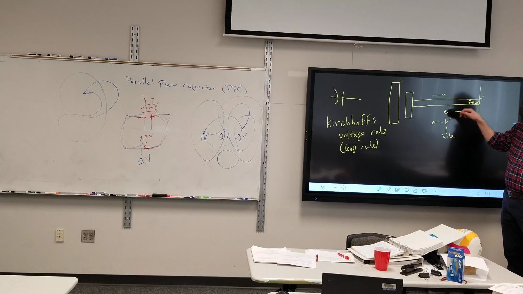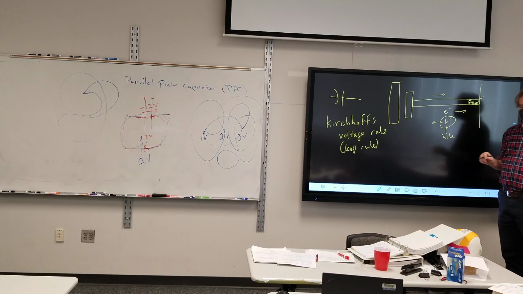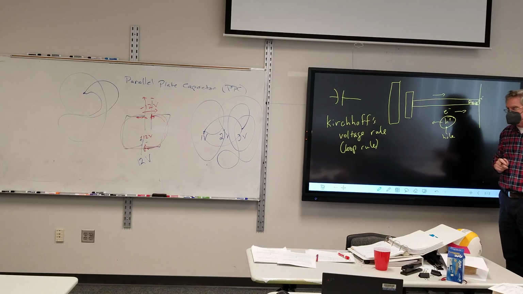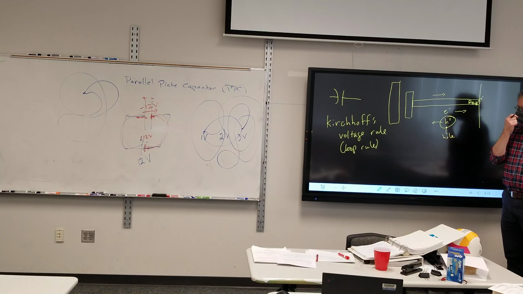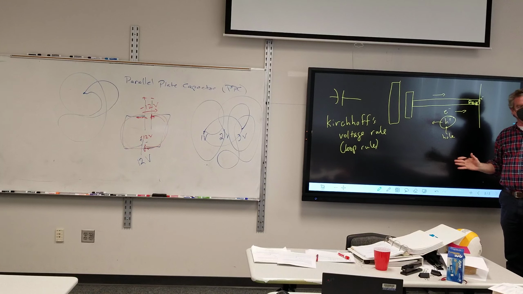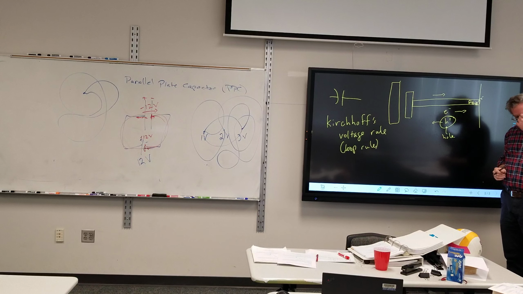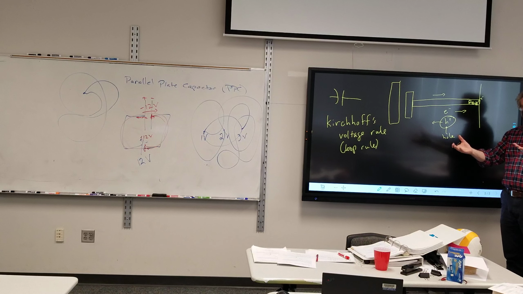Now I do have two things that are moving here in a sense. I got the electron moving, and then I've got this illusion of a positive charge moving the other direction. But realize that when they were trying to figure all of this out, they did not know what was actually moving. Ben Franklin assumed that whatever was moving, this positive charge was moving.